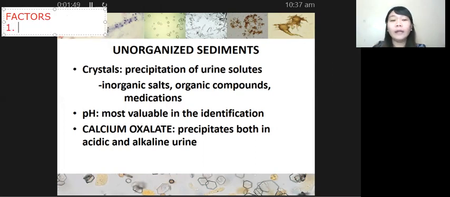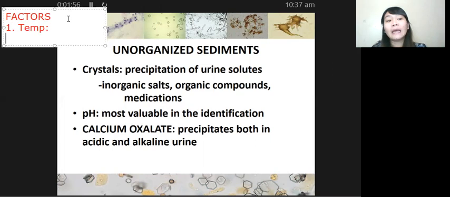Okay, so number one, una dyan, we have your temperature. Temperature class, in particular, we are considering low temperature. Ibig sabihin, pag low temperature ang pinag-uusapan natin, it will facilitate the crystallization of your substances in vitro.